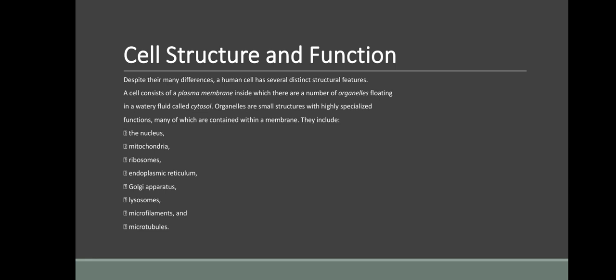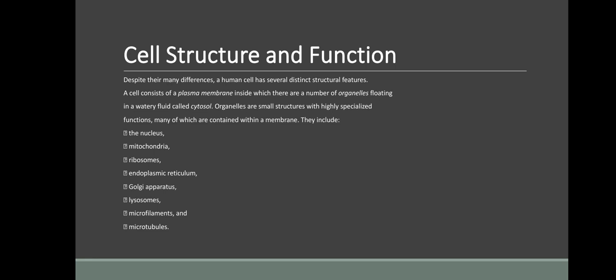So the cell structure and function. Despite the many differences, meaning there are different types of cells, a human cell has several distinct structural features. A cell consists of a plasma membrane inside which there are a number of organelles floating in a watery fluid called cytosol.